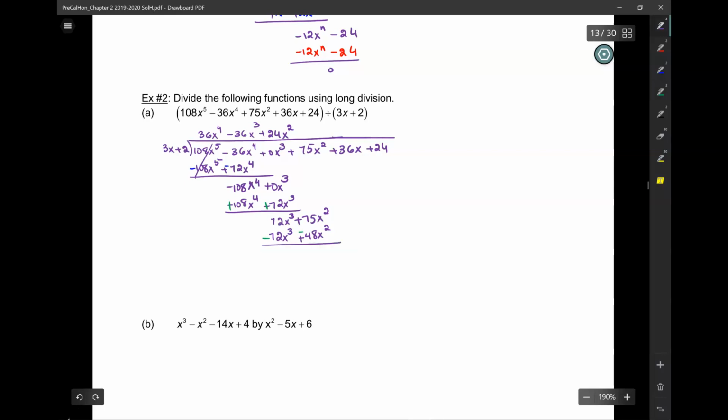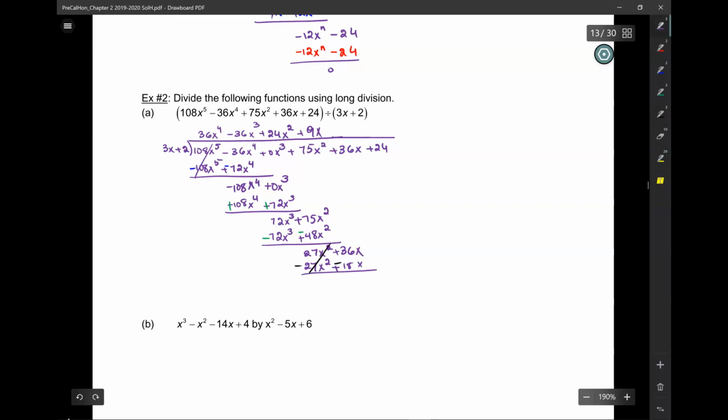I get 27x squared. Bring down the 36x. What do I have when I divide? 9x, 27x squared, plus 18x. Change the signs.